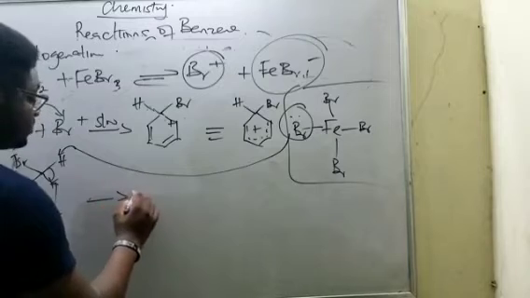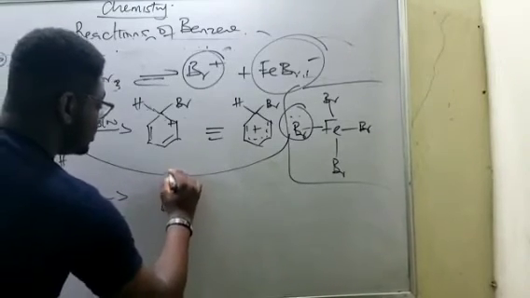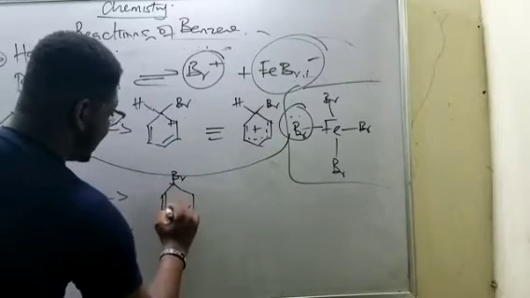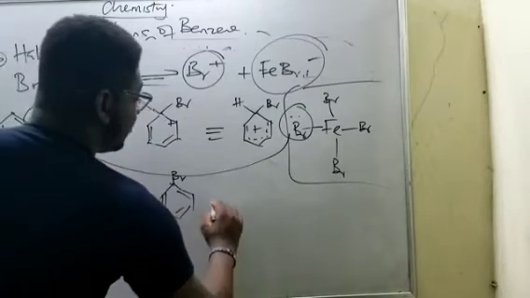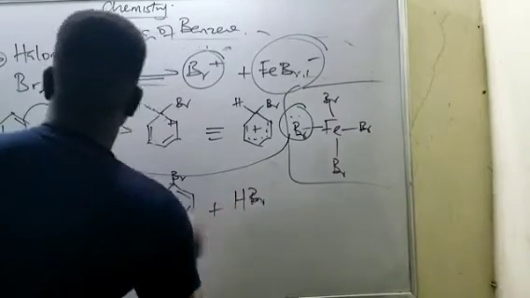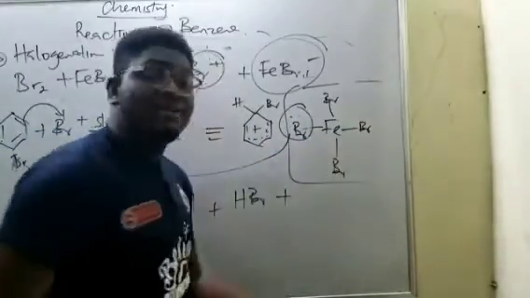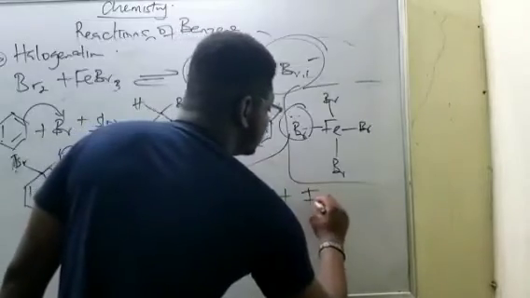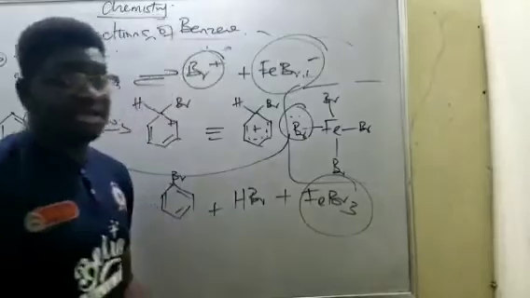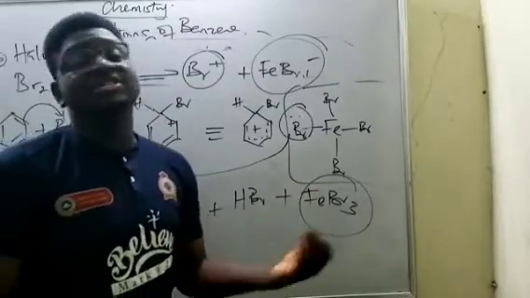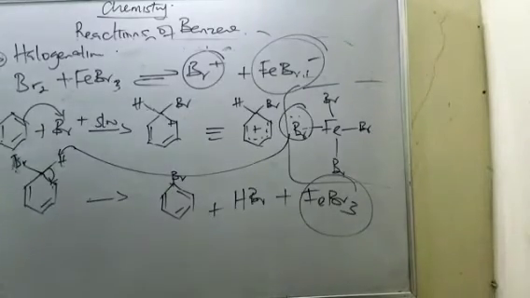So in other words, our bromobenzene is formed and our benzene ring is returned to normal because this bond collapses here, and we have our HBr, which is this hydrogen with this bromine, and you realize that we have our FeBr3 all over again. So sometimes FeBr3 is just acting as a catalyst in this reaction. So that is how halogenation is done.